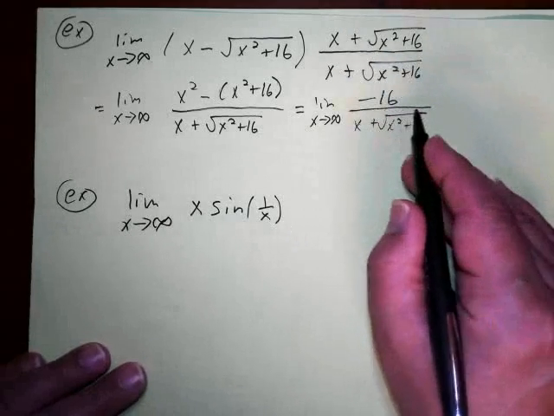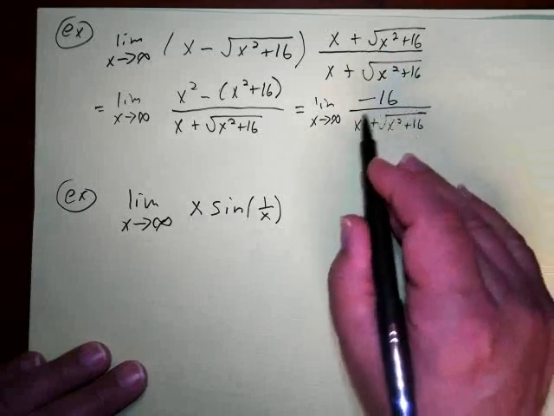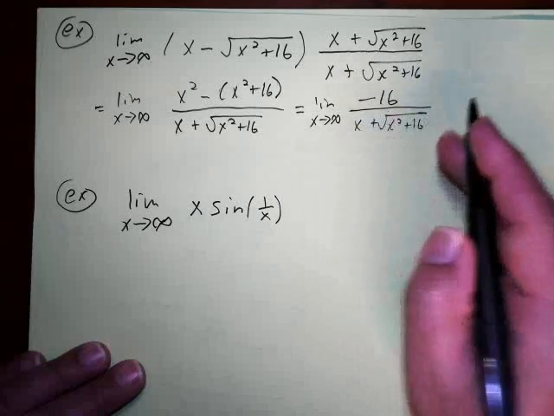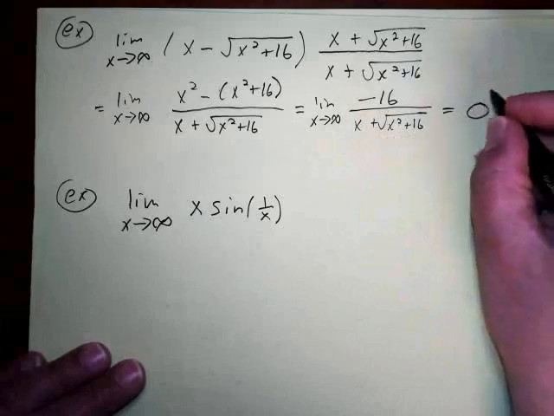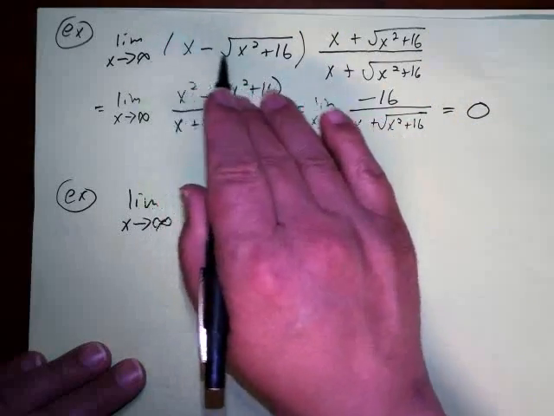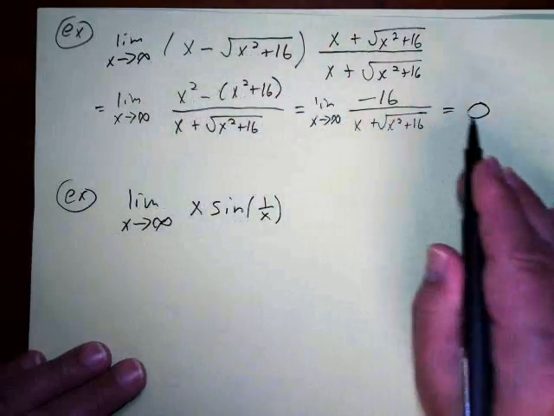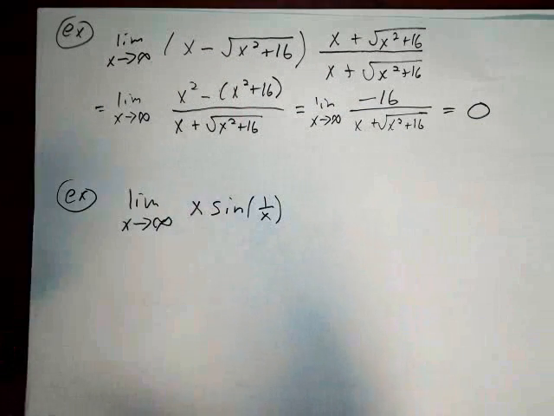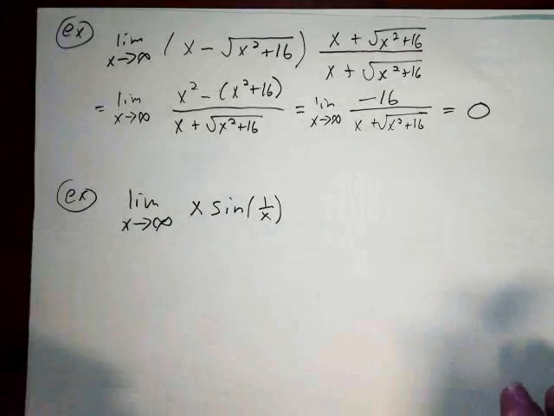But if this is a constant, and this is actually increasing, then when you go to infinity, this is going to go to 0. So in this case, the difference of these two is actually equal to 0. This is an example where the difference of infinities goes to 0.